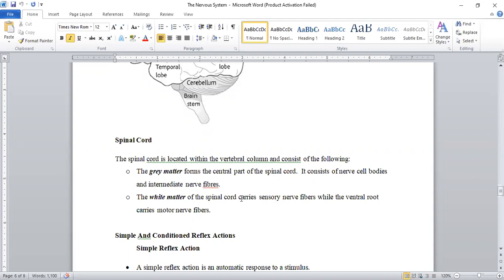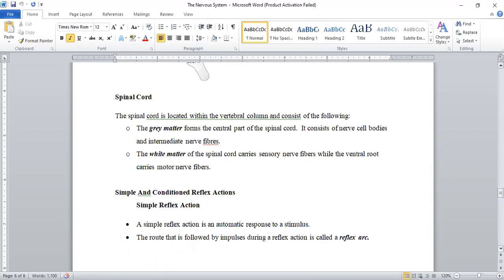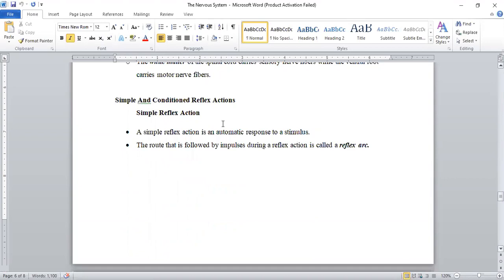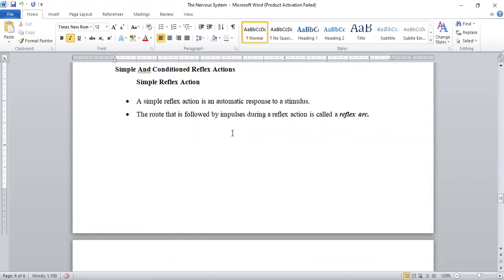But the other continuation is in the white matter. Those are the two parts of the spinal cord. We will be able to see the structure of the spinal cord under reflexes, because with reflexes the coordination is controlled in the spinal cord. So when we discuss a reflex arc, you'll see a diagram of a spinal cord, and you'll see the gray matter and the white matter.